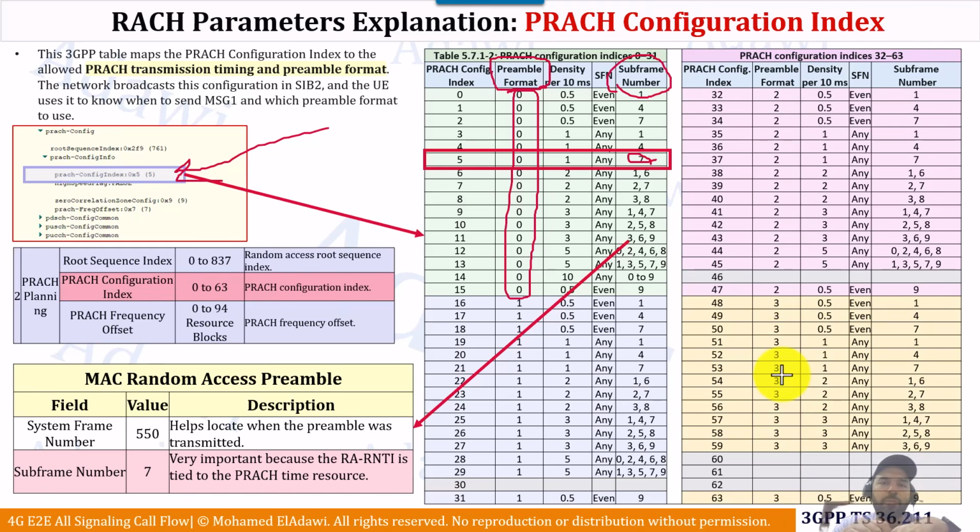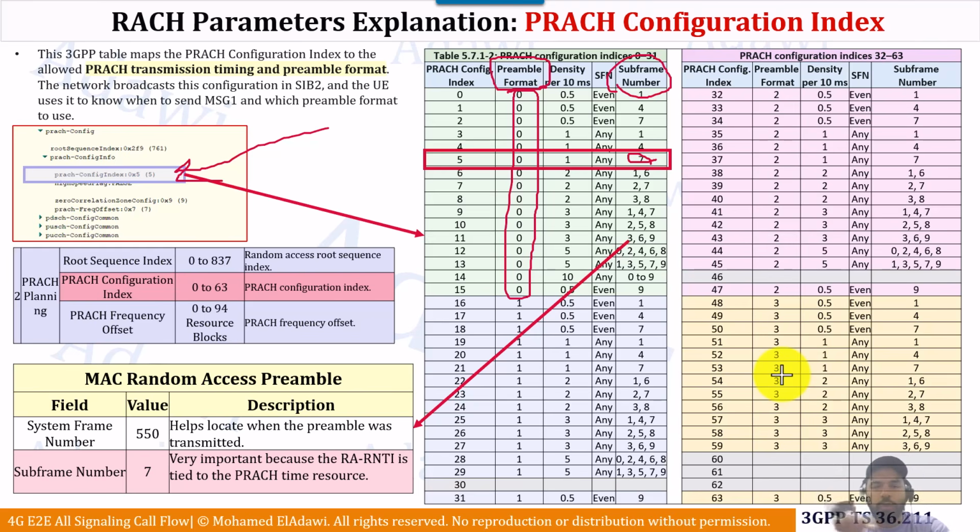The PRACH format also gives you a kind of planning flexibility, as I will discuss later on. For example, some of them use a long preamble, where you can have root sequence indexes up to 839 or up to only 138.